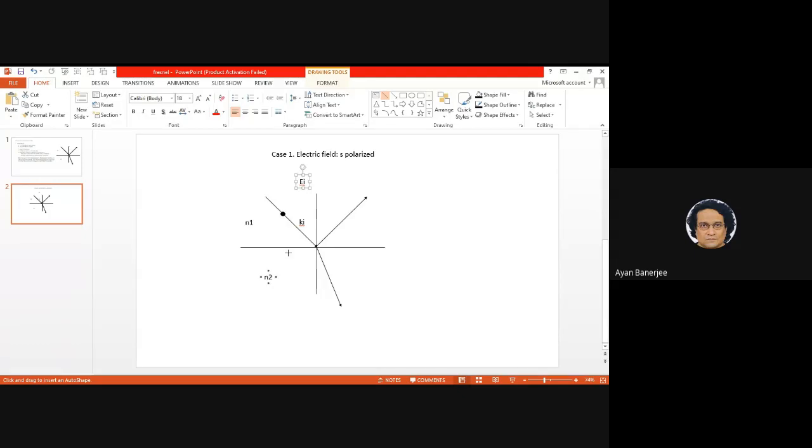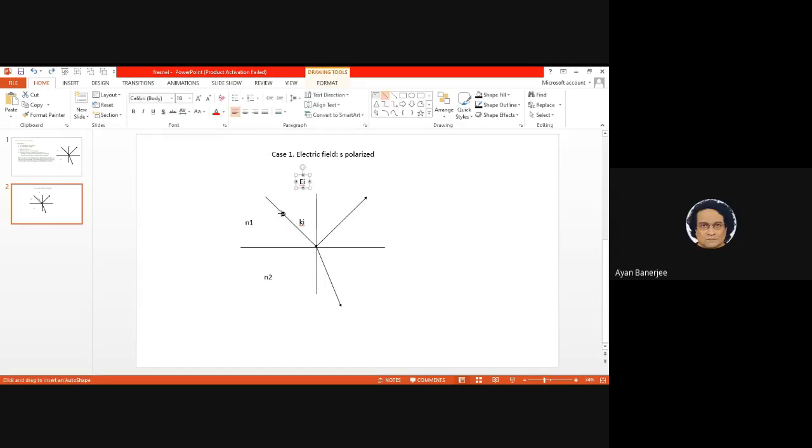It is coming out of my computer screen. So the magnetic field will be downwards, southwest. Correct.